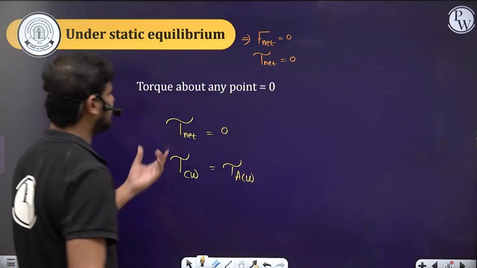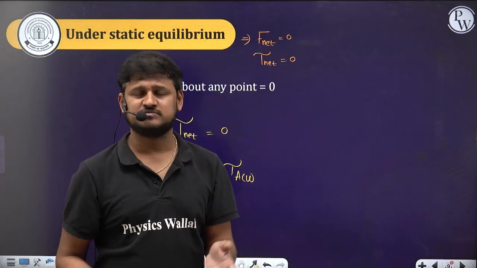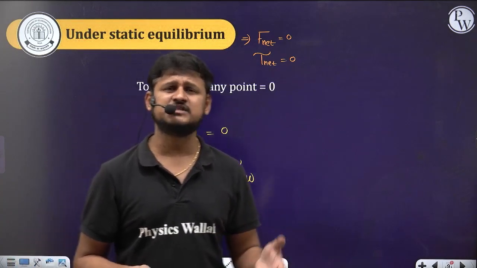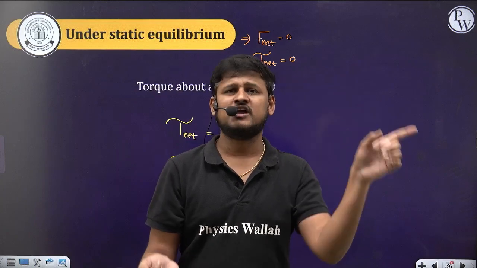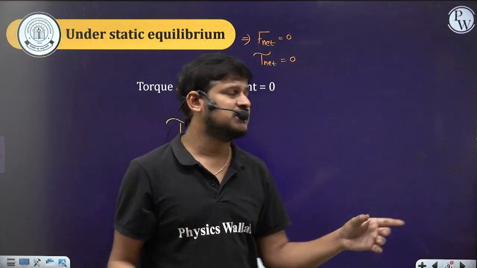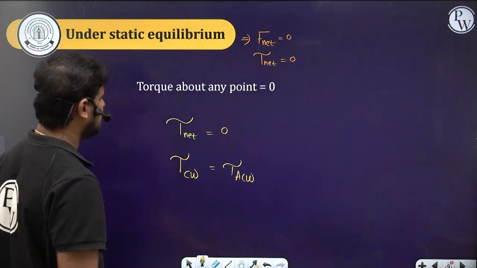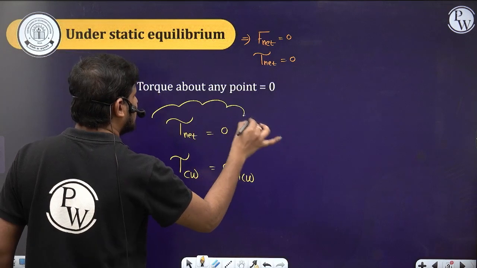Yes or no? If the net torque is 0, the torque will be either clockwise or anti-clockwise, because if a torque is acting, the body is rotating. The body can rotate either clockwise or anti-clockwise. If the net torque is 0, the clockwise torque is equal to the anti-clockwise torque. Remember this point, guys.